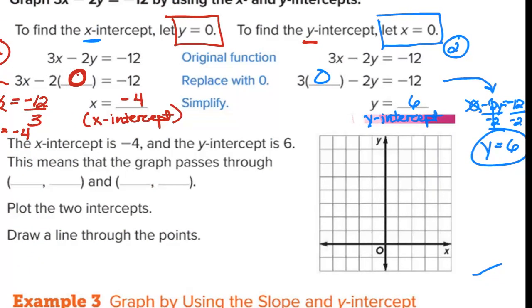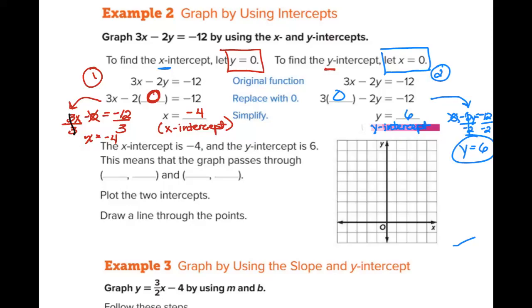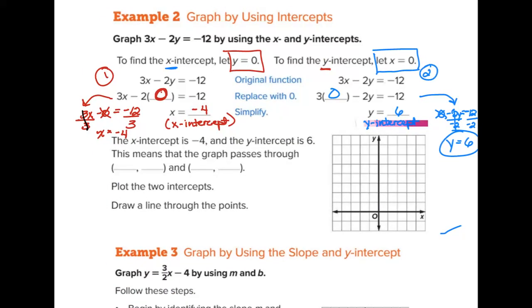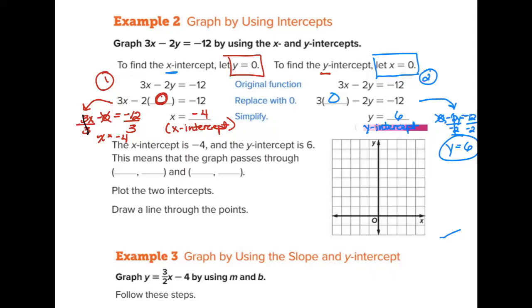Yes? Are you familiar with a different way? What's the different way? My teacher said you can take the answer. So like if you have 3, put it under 3. Okay, 3. Which problem are we looking at? The first one. So we have 3x minus 2y equals negative 12, right?